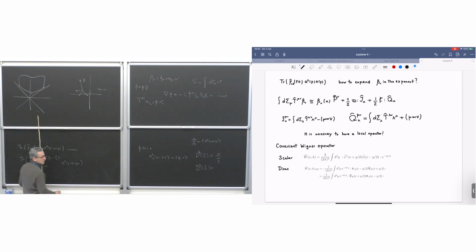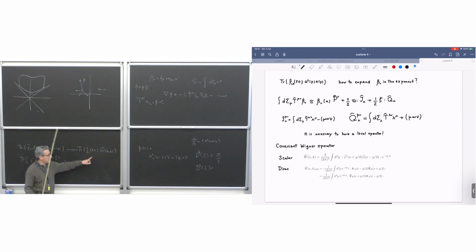Trace. And of course, eventually we want to have this, but we have to express this through this expectation value. Because in this case, we will be able to make an expansion of beta like this, okay?